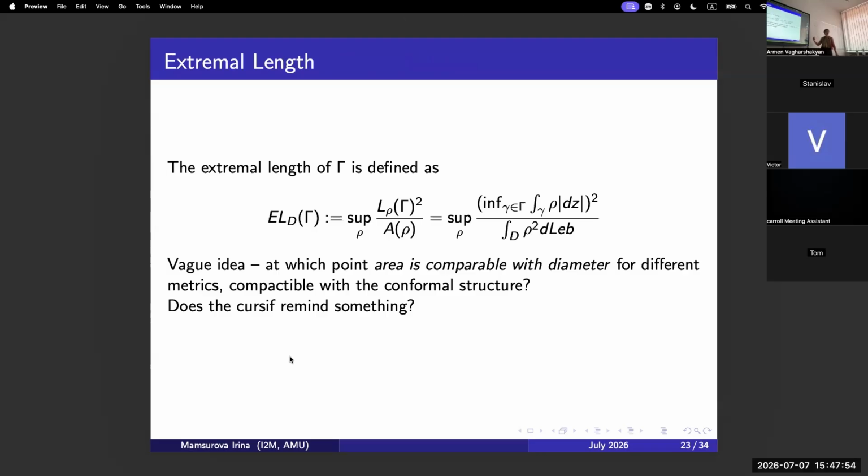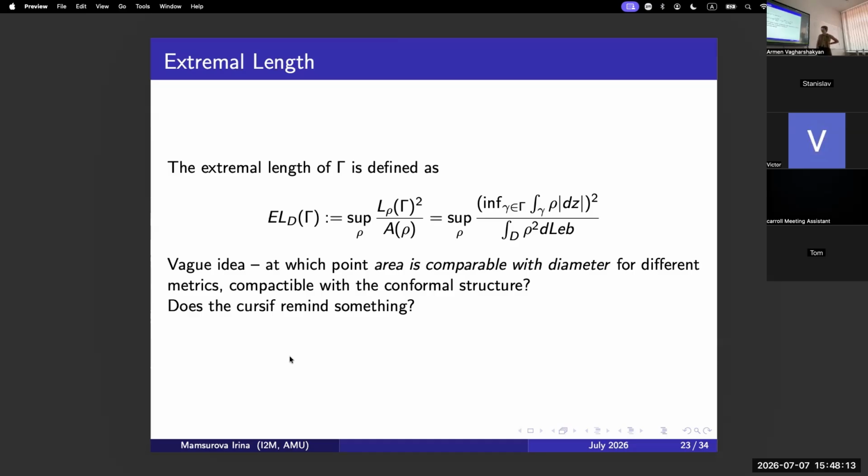The quotient between these two is called exactly the extremal length. So the idea is at which point area is comparable with diameter for the different possible metrics.